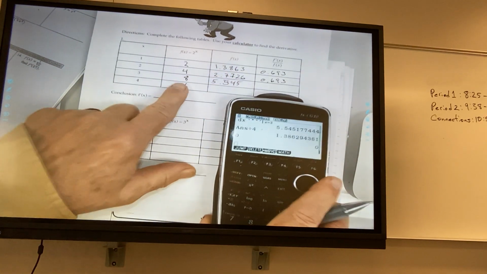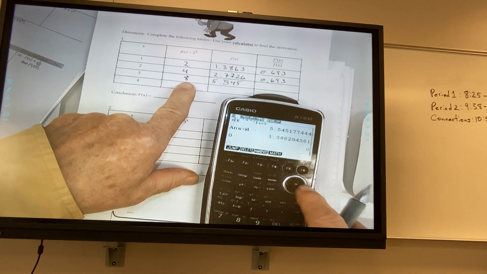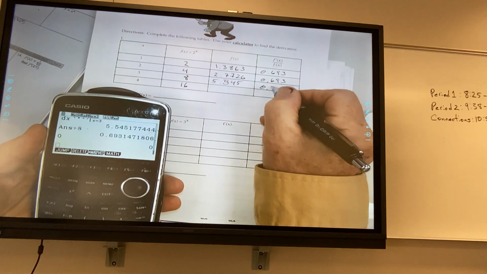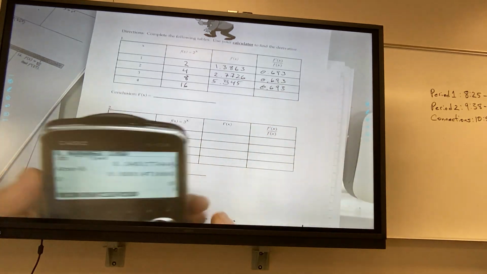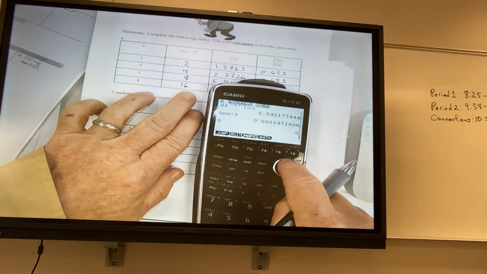And then I want to divide it by 8 this time. Ooh, I get 0.693. Now I'm going to do it to the 4th.